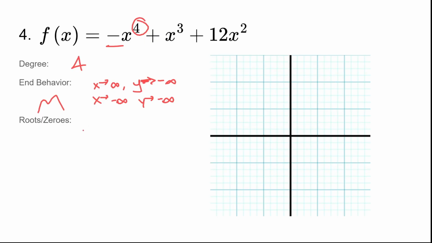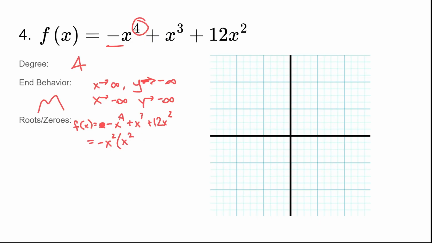Now for the roots, we're again first going to factor it. So I'm just going to write this out again. I can take out an x squared from all these terms. In fact, I'm going to take out a negative x squared because I want the inside to be positive, since it's easier to work with.